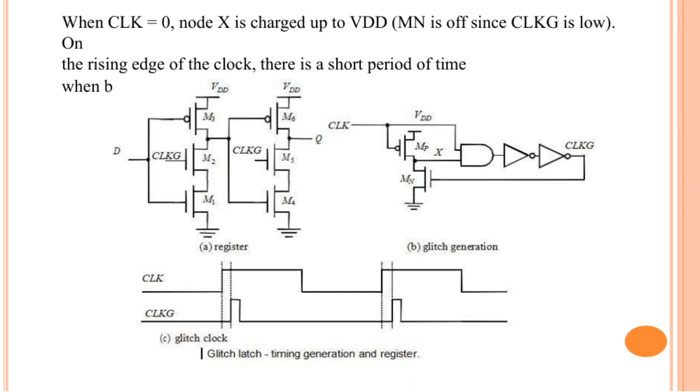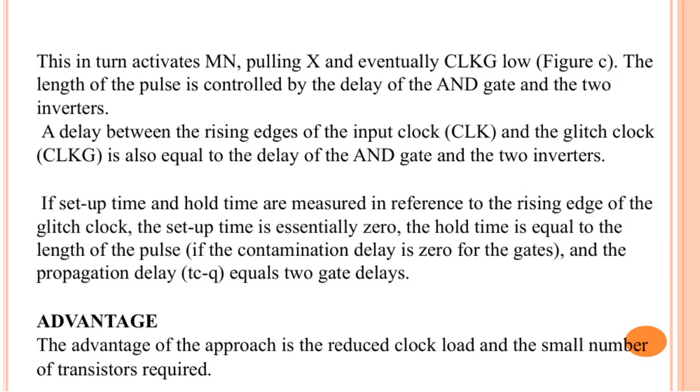This causes the signal CLKG to go high, triggering the next phase of the operation. This sequence is crucial because it controls when node X is charged or discharged, directly impacting the timing of the circuit. Here, we see how activating MN pulls signals X and CLKG low, as shown in Figure C.